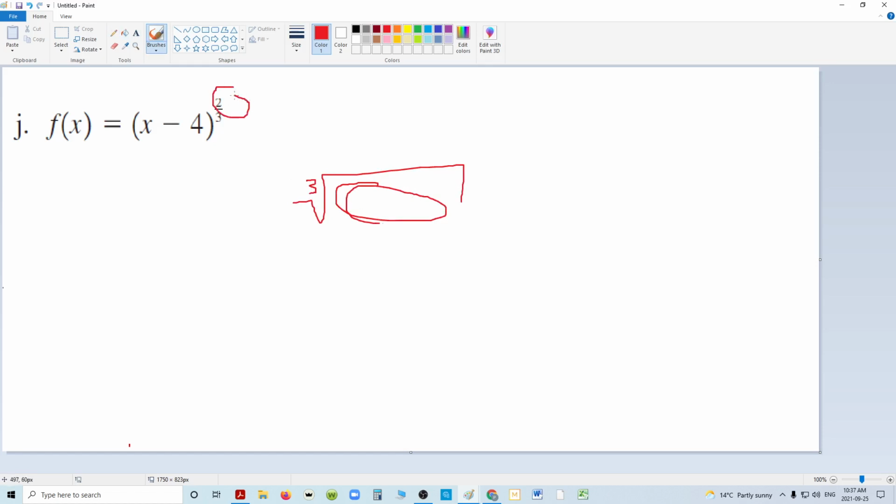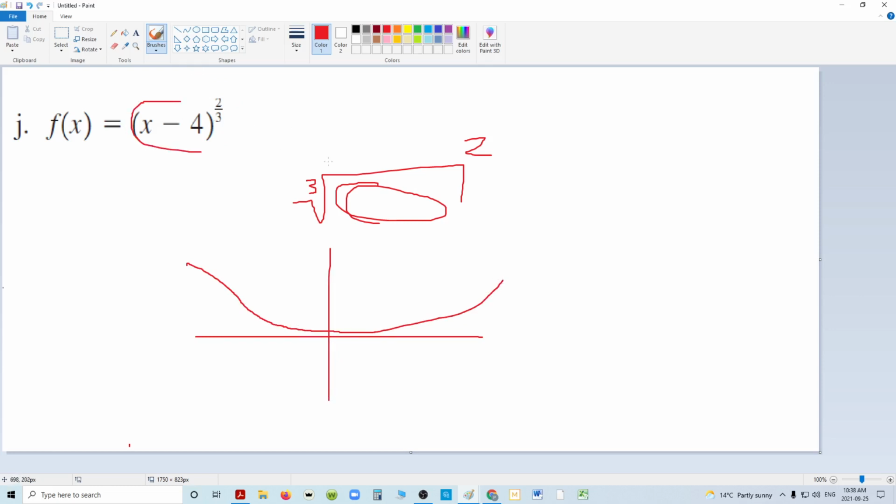But then I'm going to square it. So anything in here, no matter what I do, is going to be positive. Because when I square it here, it's all going to be positive, which means I'm going to have something that never goes below 0. There will be a possibility of reaching 0, because if x is 4 in here, I get 0, cube root is 0, squared is 0, which means it's going to touch 0, 0. But that's the lowest it's going to get.